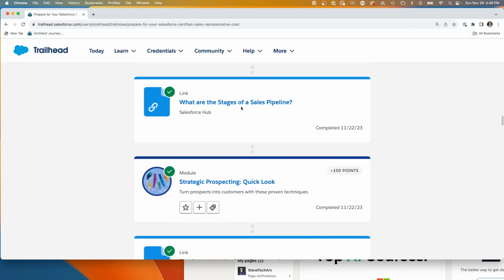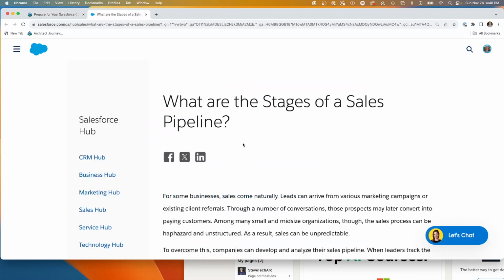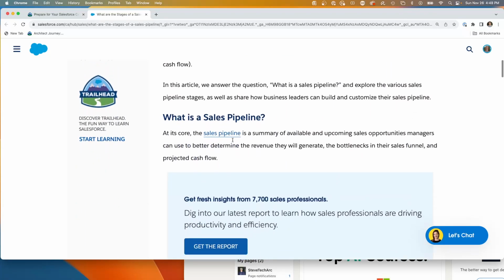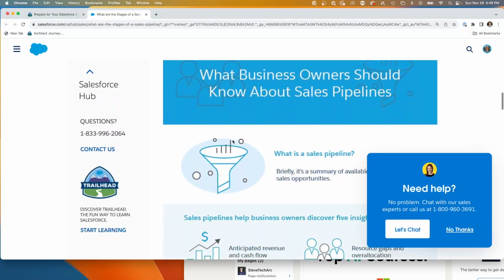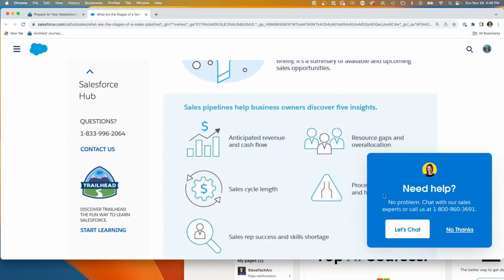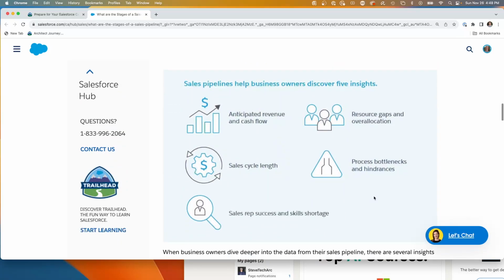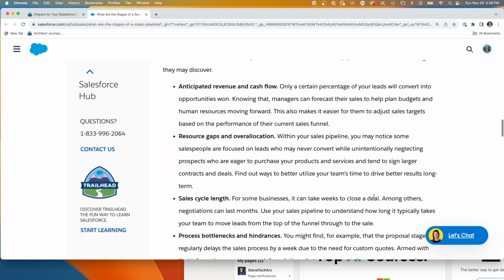Then we go into the sales pipeline. This is the common stages of the sales pipeline, and again, these are little tripwires for Salesforce to chat, to do their own sales process.